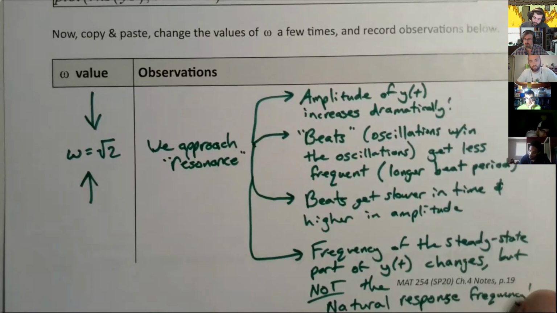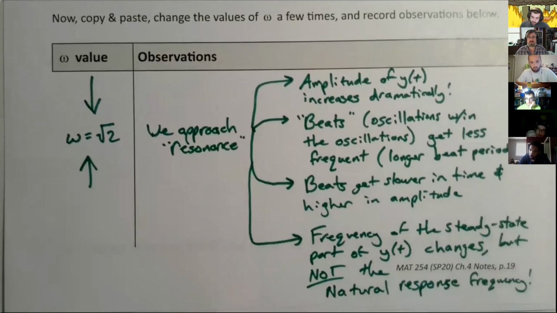So where does this happen? Where do we see this happening in the real world? Where do we see beats in the real world? Or should I say, where do we hear them? In music? Anybody ever play in a band or orchestra? Yeah, some of you I think have been.